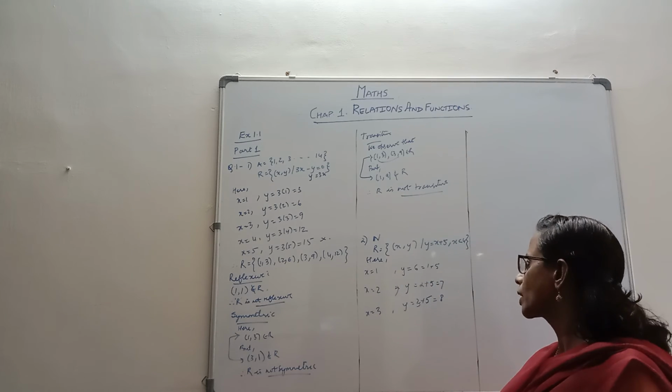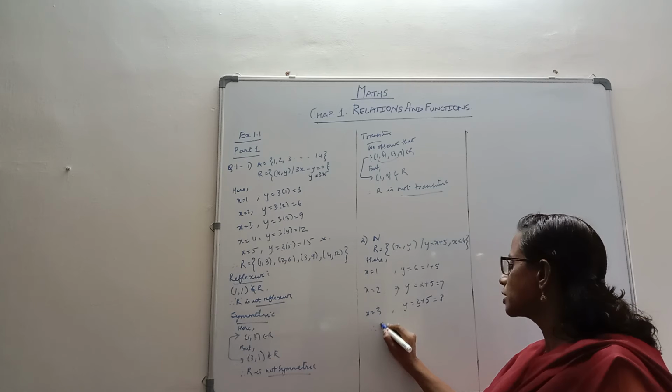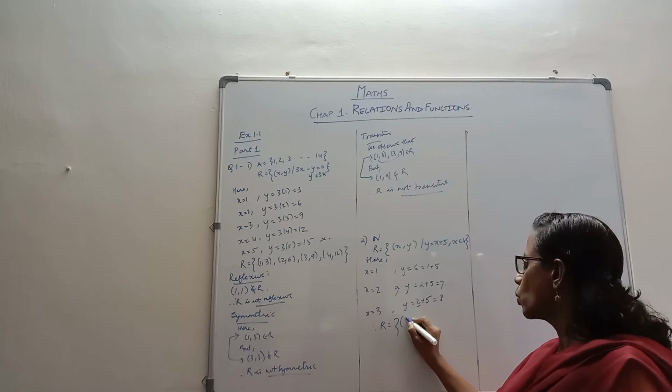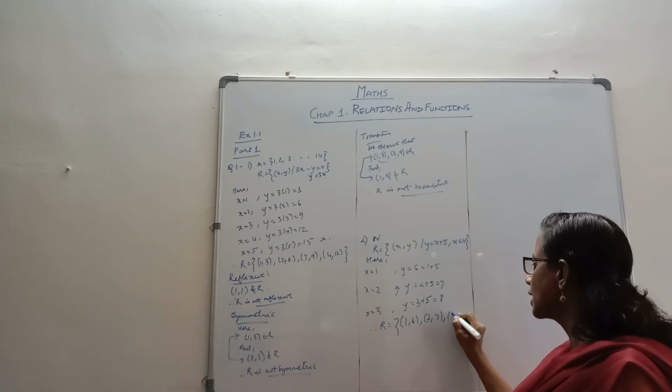Yeah, 6, 7 and 8. So what's the relation? The set R is (1,6), (2,7) and (3,8).